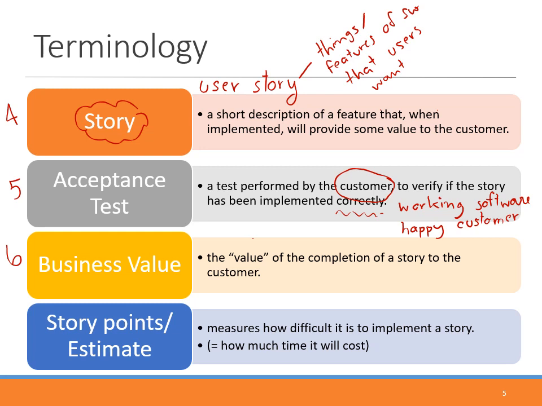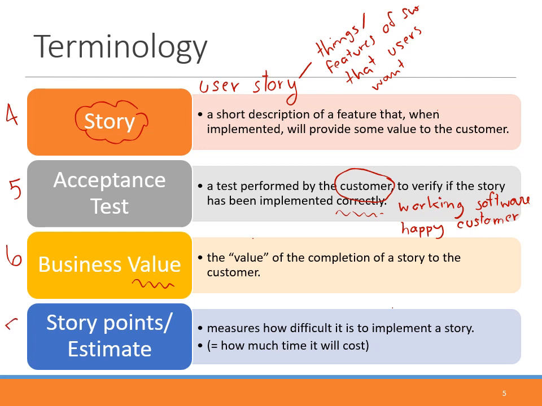Okay, and it should be given in terms of quantifiable value so that we can compare that this story has a value 10 while the other story has the value 5. Then you know that the story with value 10 is more important. And then when we prioritize or choose the story to implement, we should choose the story that has higher priority, higher value, to implement first. Okay, so this is why business value is used here.